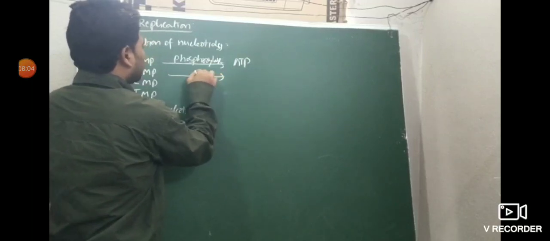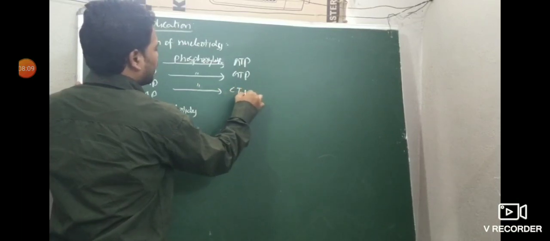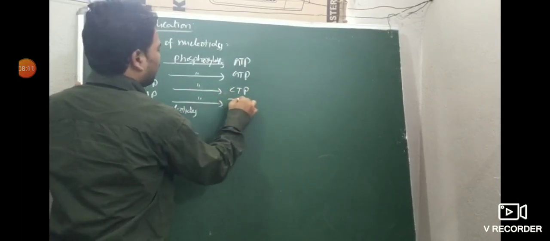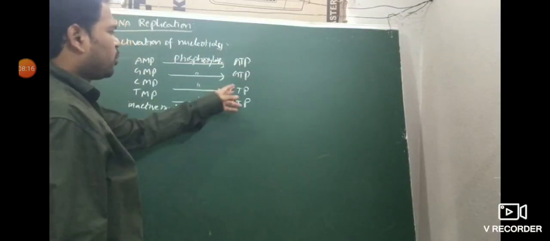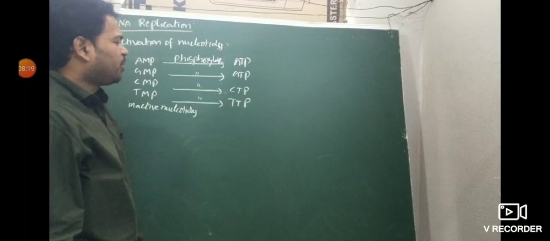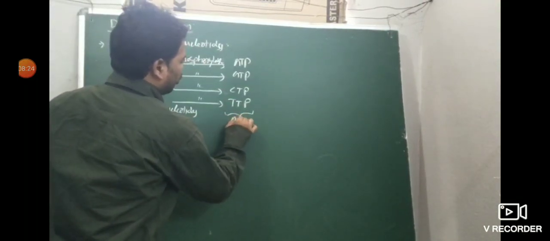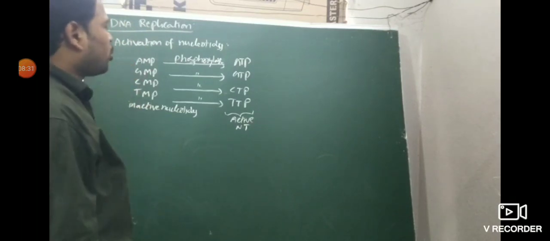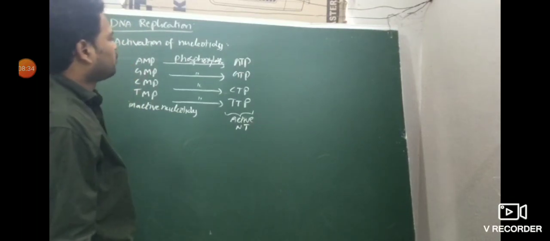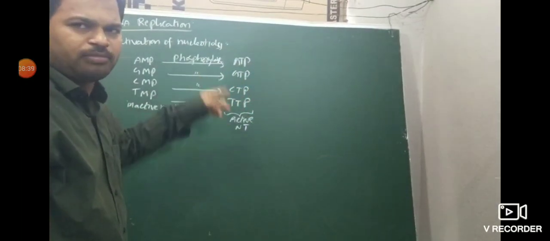The same happens for GTP, CTP, and TTP: adenosine triphosphate, guanosine triphosphate, cytosine triphosphate, thymidine triphosphate. These are the active nucleotides now.